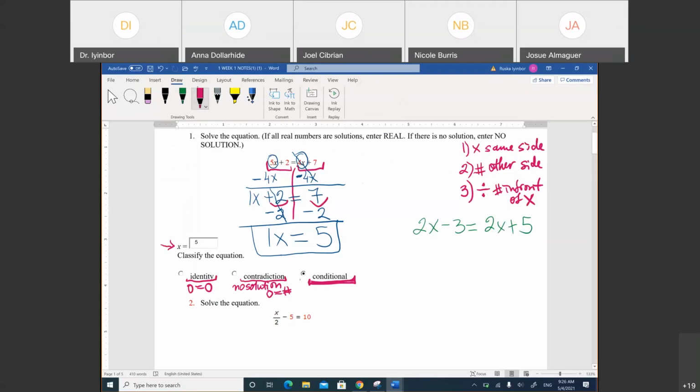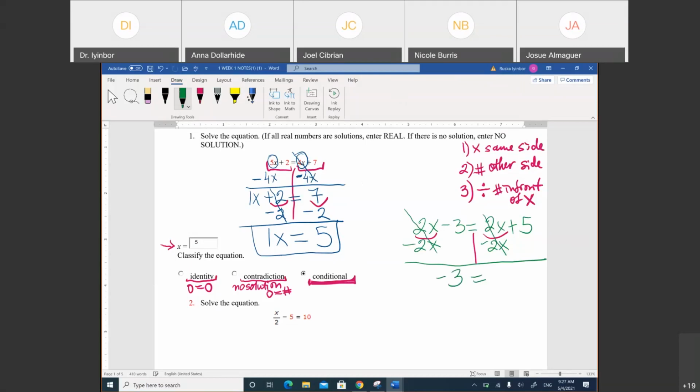I'm going to look at the x's. I have 2x and I have 2x. So I'm going to subtract 2x on both sides. And when I do that, all the x's are going to cancel. 2x minus 2x is 0, right? So there's no more x left. What is left? You have to see what is left.